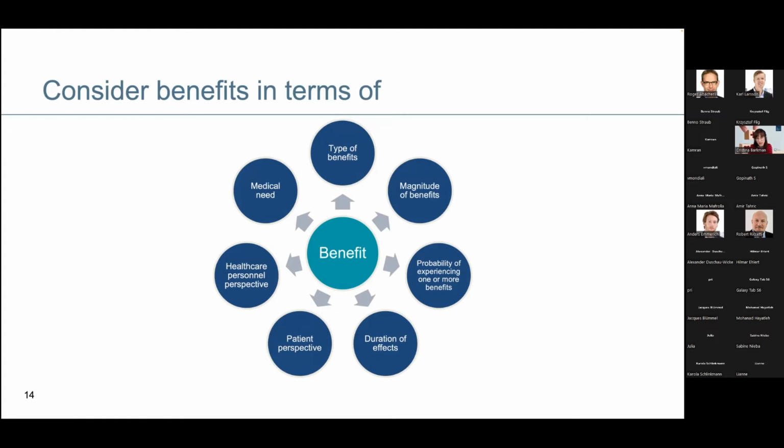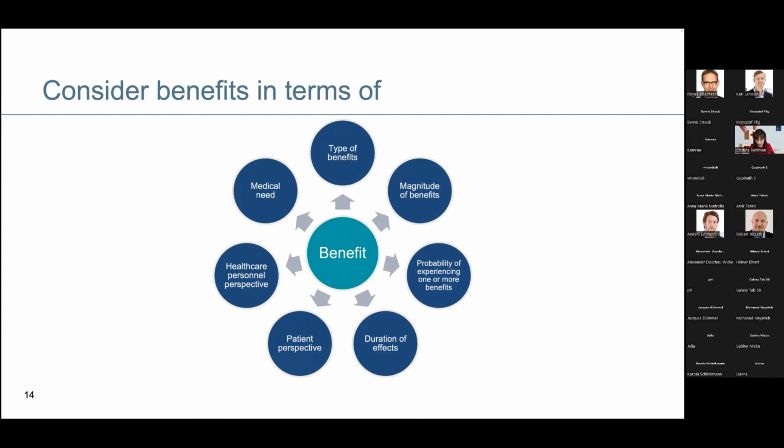And of course, what is relevant depends on what device you have and what's the intended use, medical application, and so on. So these are aspects that you should look into when you are determining your benefits.